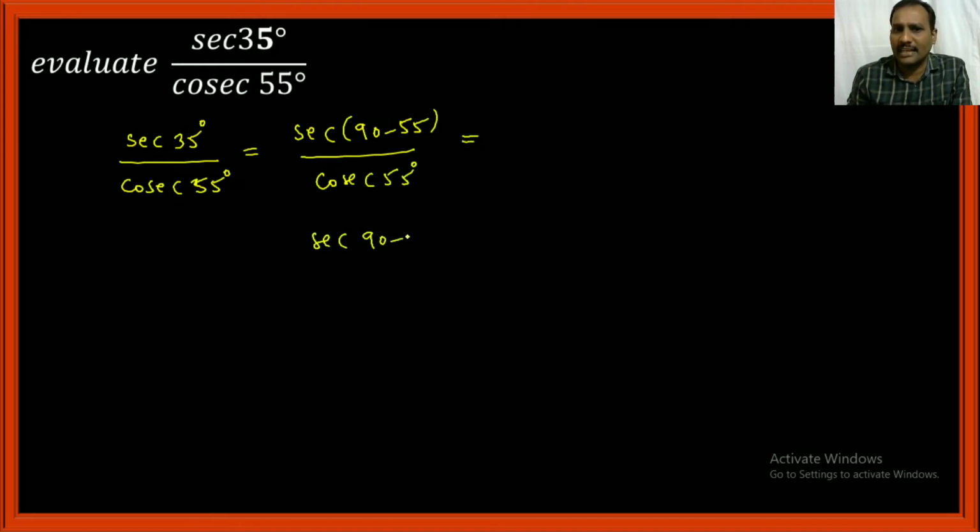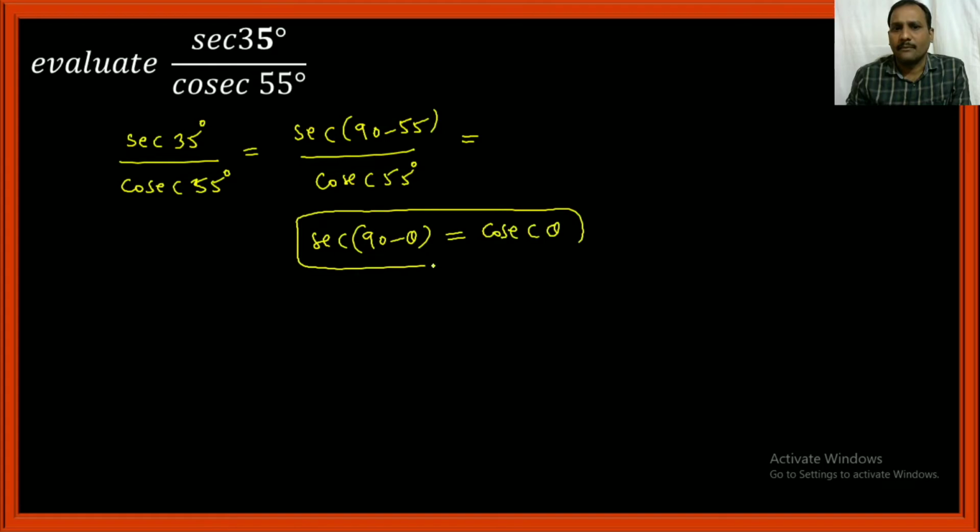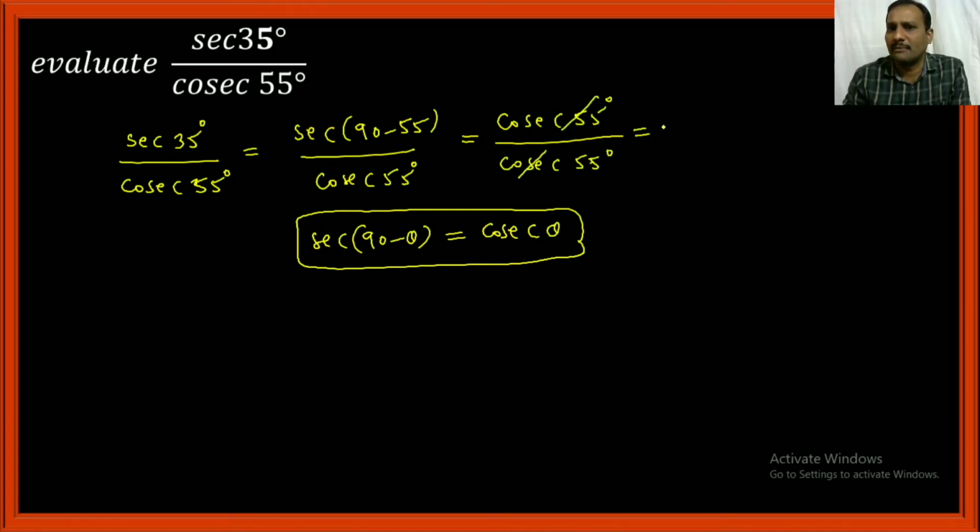You can write secant 90 minus theta as cosecant theta. So secant 90 minus 55 can be written as cosecant 55 degrees by cosecant 55 degrees. So the numerator and denominator are the same. When you simplify this, you will get the answer as 1.